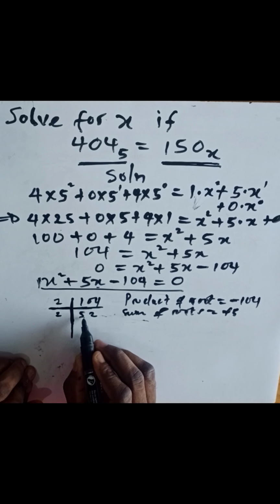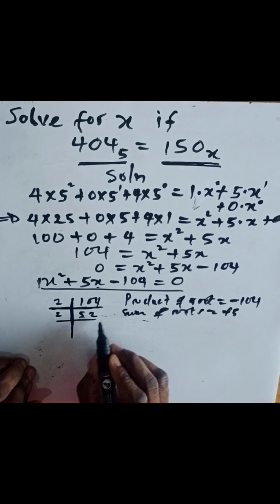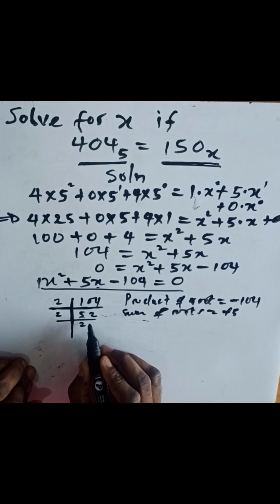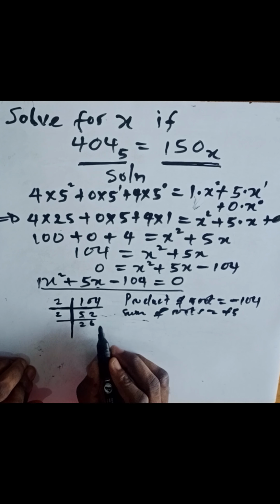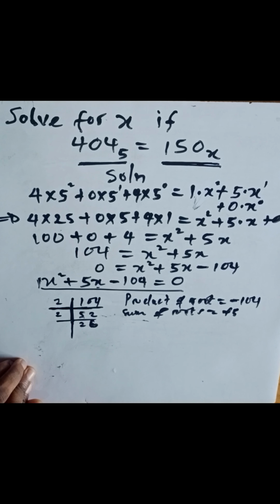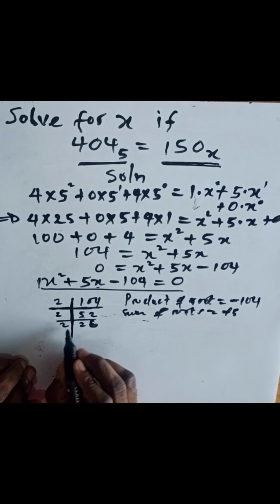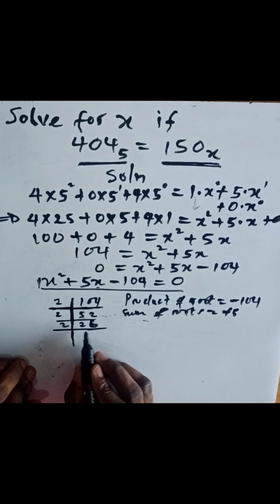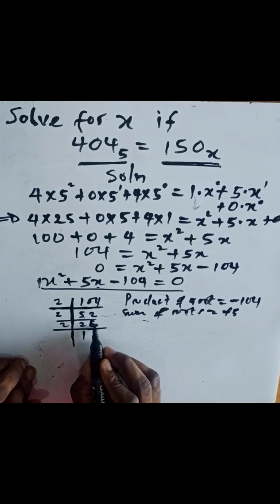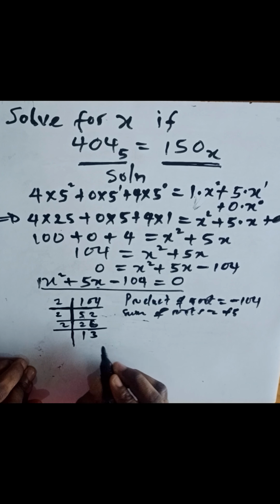So how many 2s are there in 5? That is 2, remain 1. So making this 12. So 12 divided by 2, that will be 6. Now divide by 2 again. 2 will still go. So how many 2s are you going to get in 2? That's 1. What about 6? That would be 3.